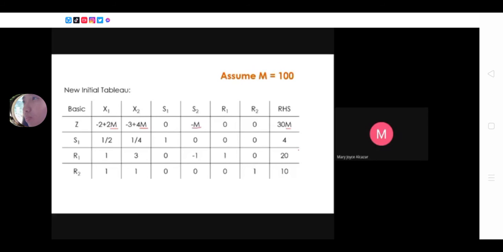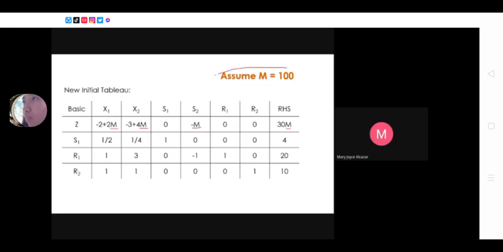So the assumption is only used in identifying the entering variable. If you do the Gauss-Jordan computations, you will compute the values with the M's. So you will compute them as they are. You will not change M's into 100.